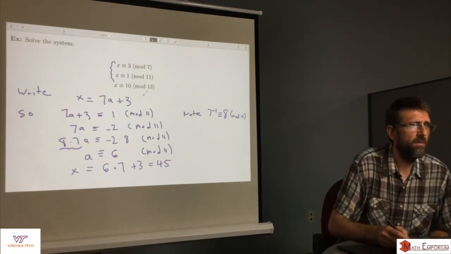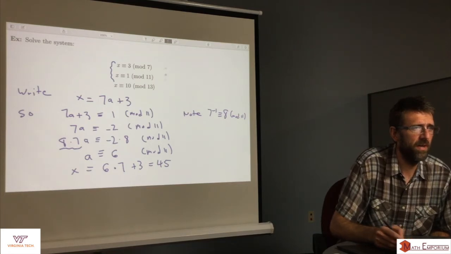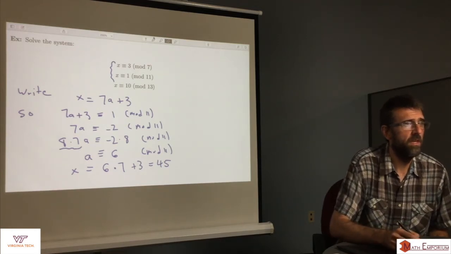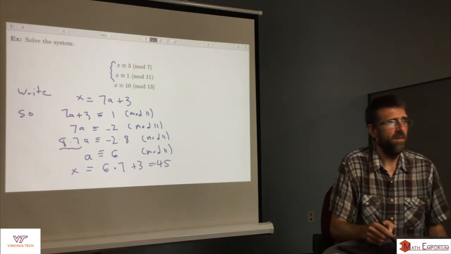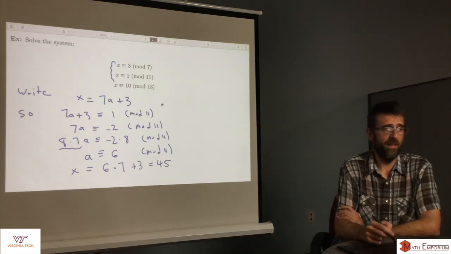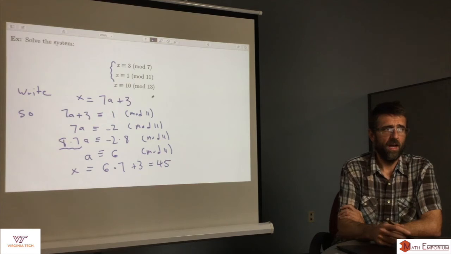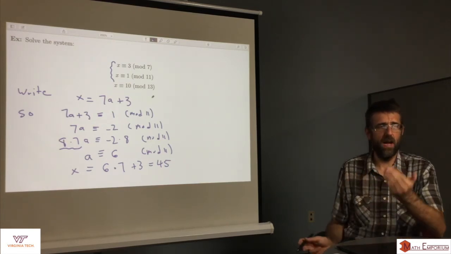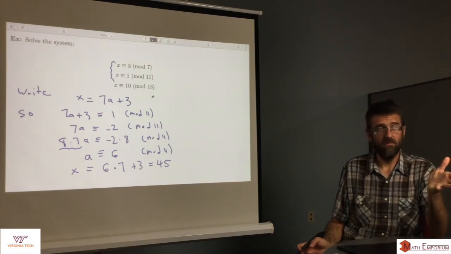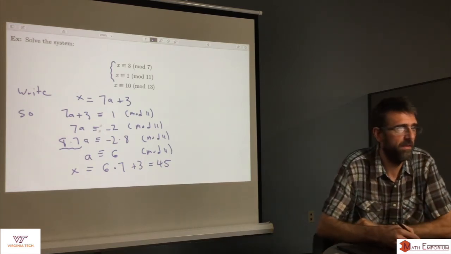So what I need to note is, well, 45 is a solution to those first two, but it's not the only solution. In fact, if I were to add anything that were a multiple of both 7 and 11 to this, I wouldn't be affecting either of those first two congruences, so I would still have a solution. And 77 is a multiple of both 7 and 11.